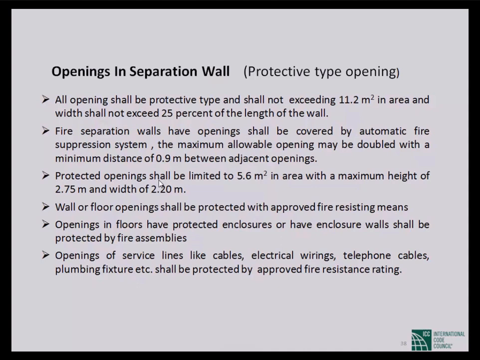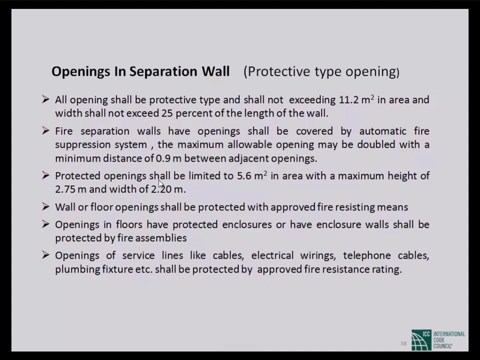If two buildings are separated, there should be some openings because there are some windows, but that window must be protected, not unprotected, because the wall is 2 hour rated or 1 hour rated or 3 hour rated, depending on the hour rating. This separating wall must be protected.